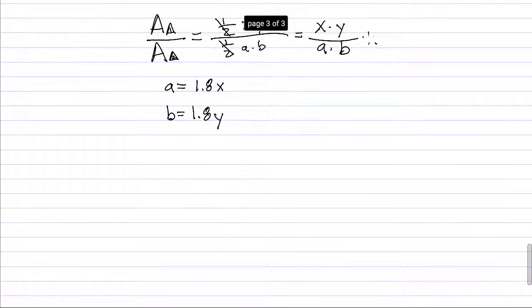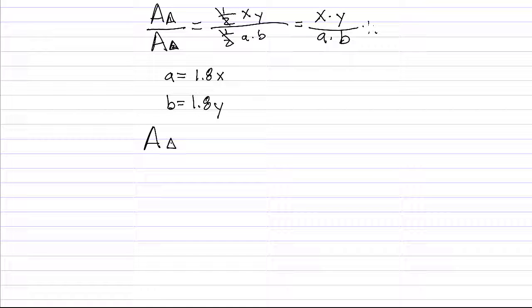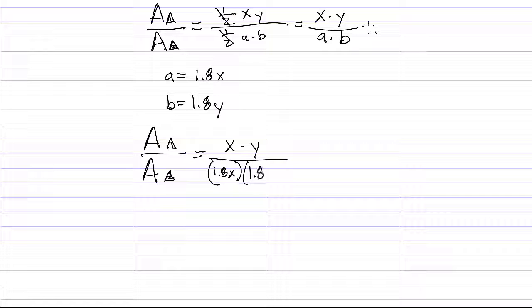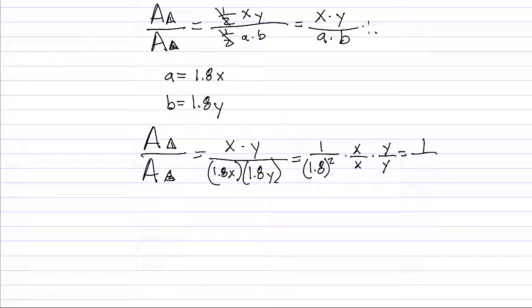Down here, area of triangle 1 over area of triangle 2 equals x times y over 1.8 x times 1.8 y, which is equal to 1 over 1.8 squared times x over x times y over y. Any number divided by itself is equal to 1, so the ratio is equal to 1 over 1.8 squared.